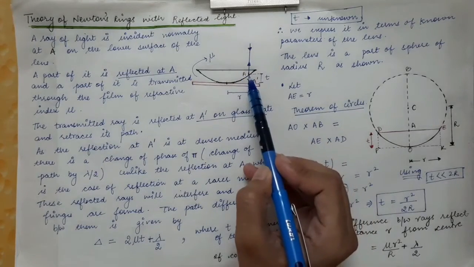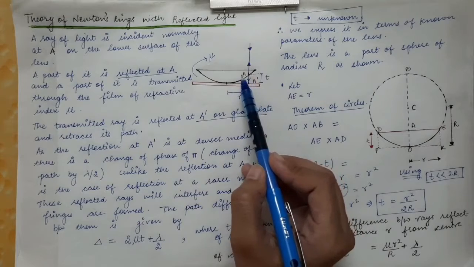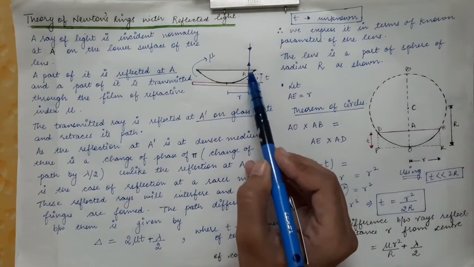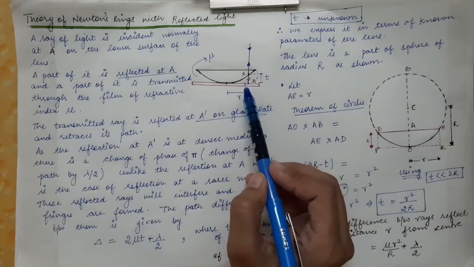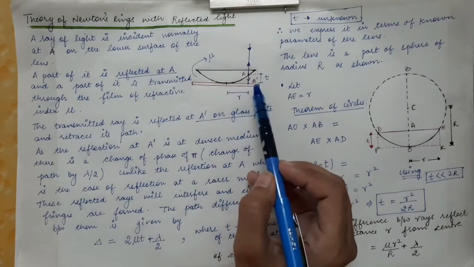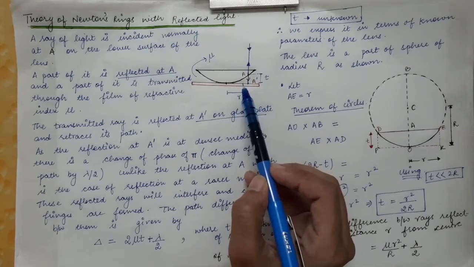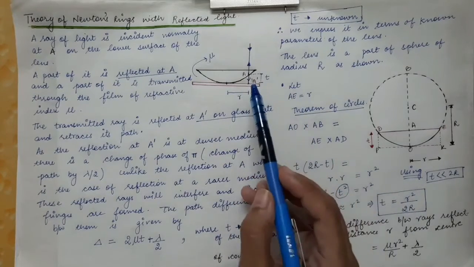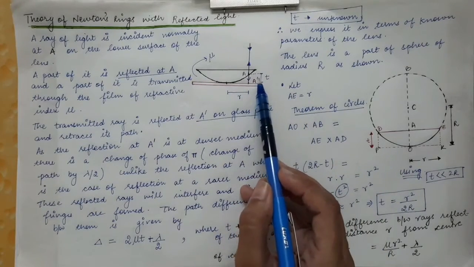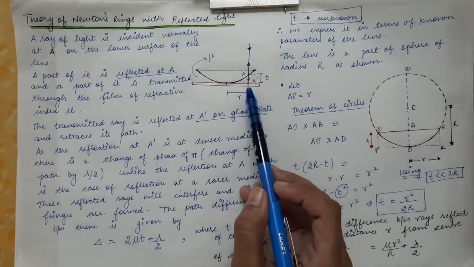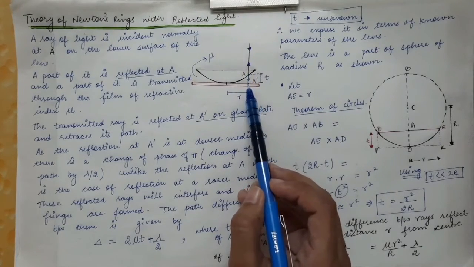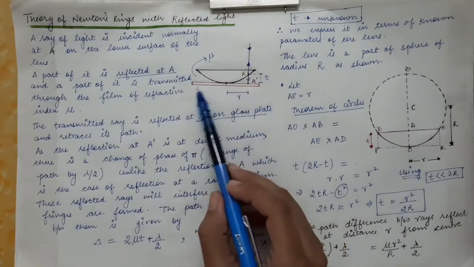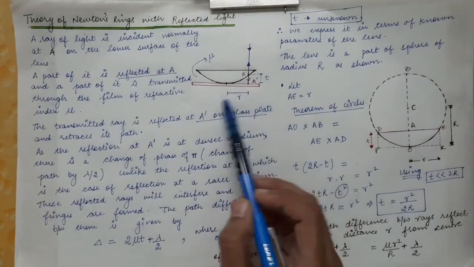Now at point capital A, the first reflected ray is getting reflected by a rarer medium because we are considering a film of air. Whereas at point capital A prime, where there is the second reflected ray, that ray is getting reflected by a denser medium because we have a glass surface at the bottom.